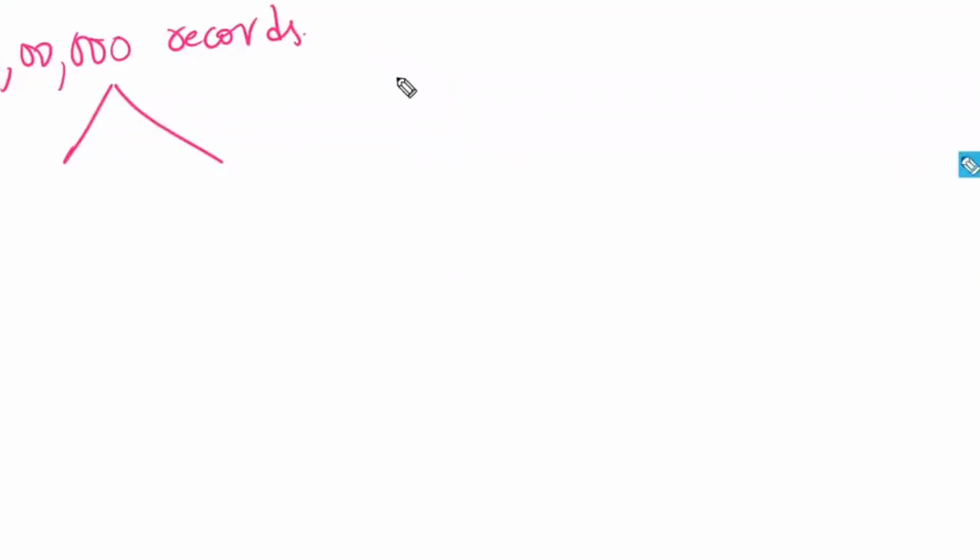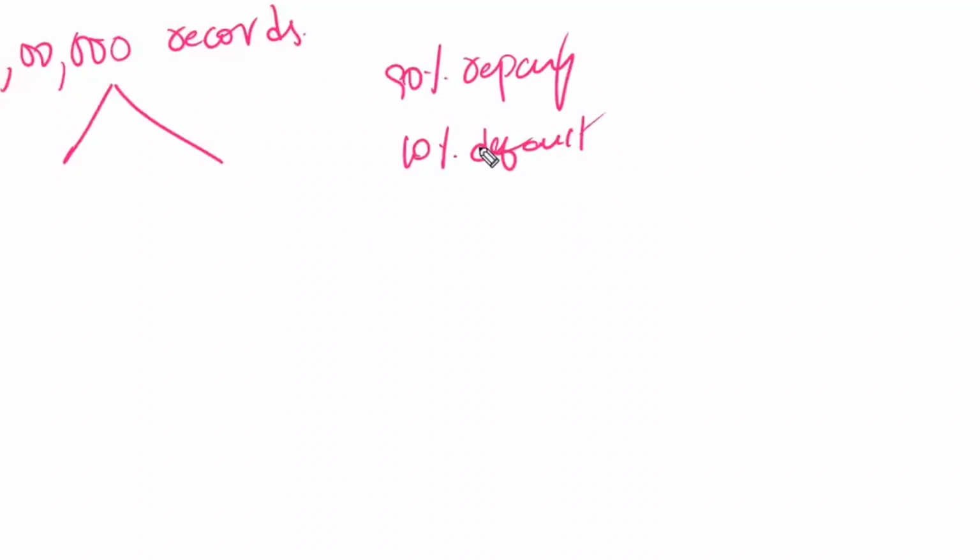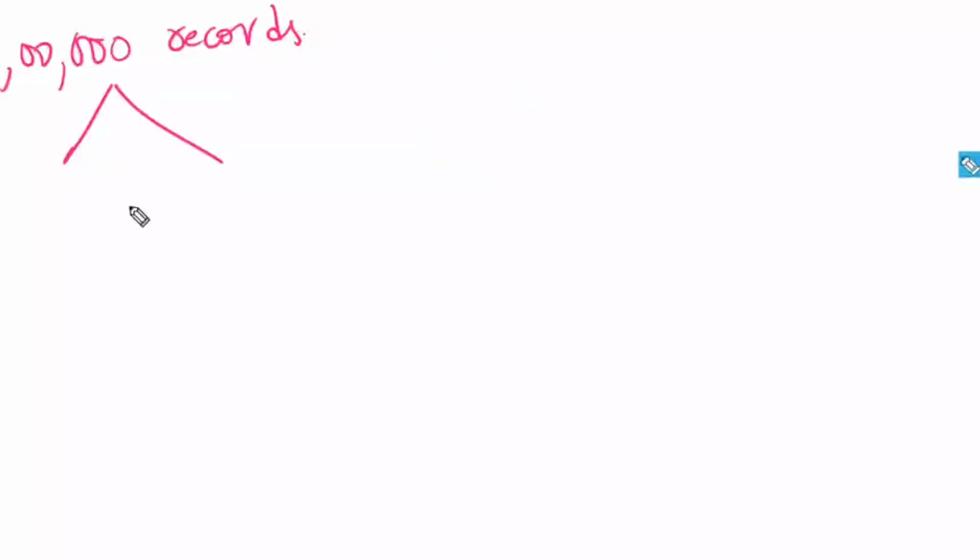In real life, 90% of the people will repay their loan and 10% will default, meaning they will not repay the loan. But the principal amount of these 10% is also a loss for the company. So let us assume I have 90,000 records of one category and 10,000 records of the other. 90% of the data says they will repay the loan; 10,000 records say they will not.